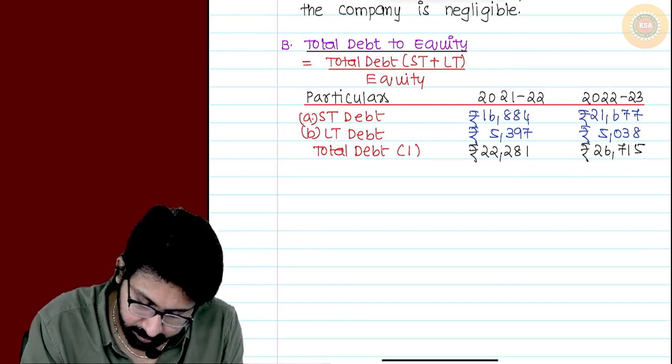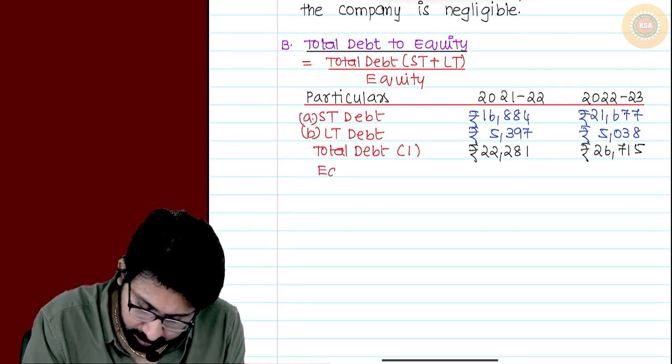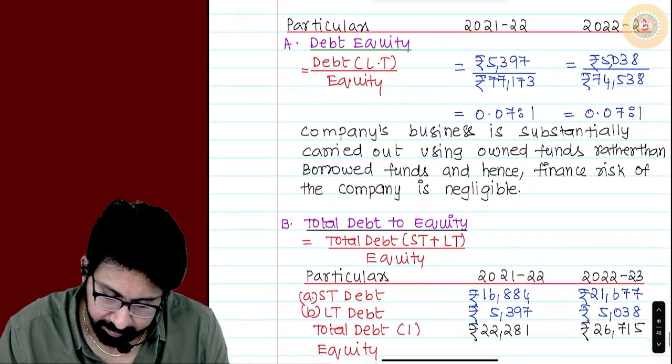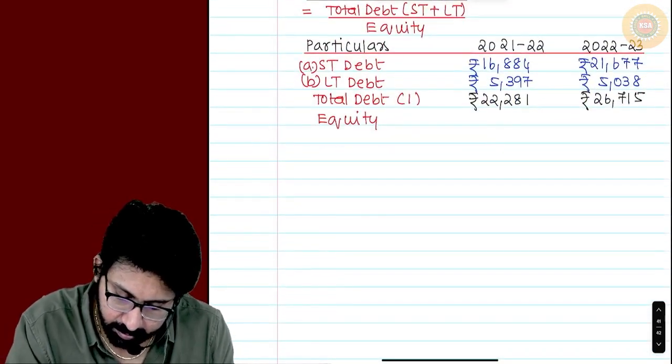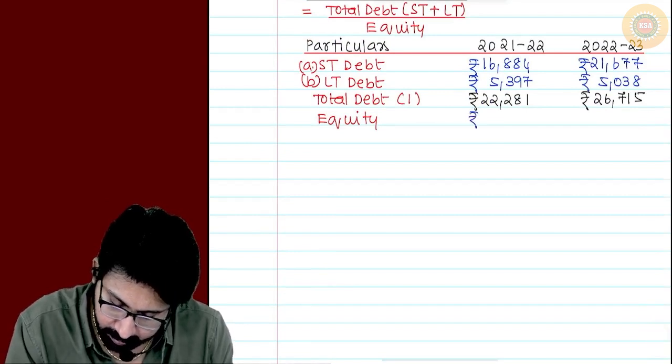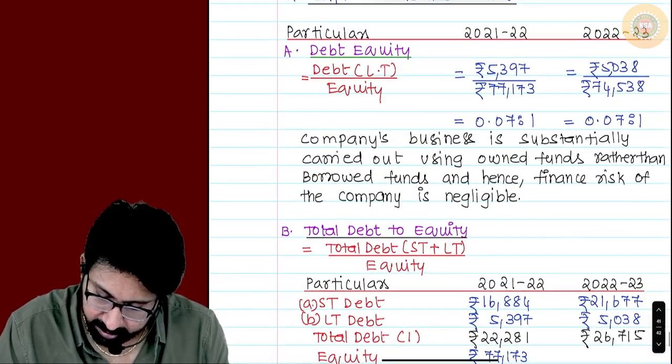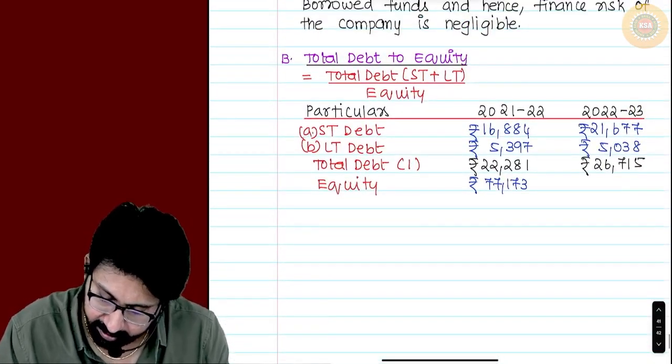Next, equity already done in the previous, 77, and next year 74,538.